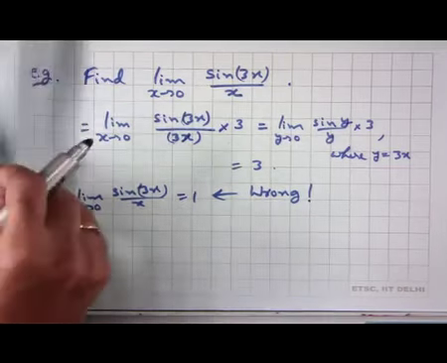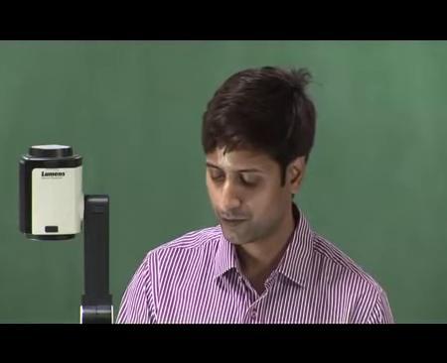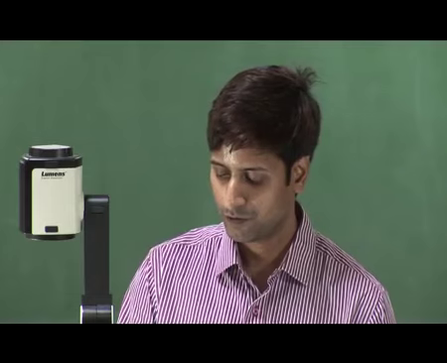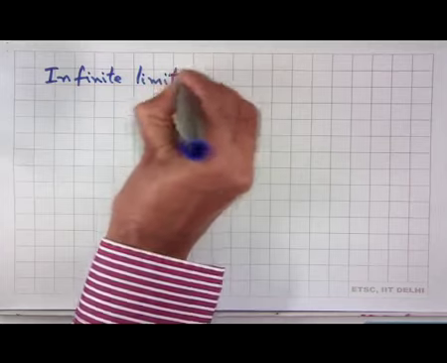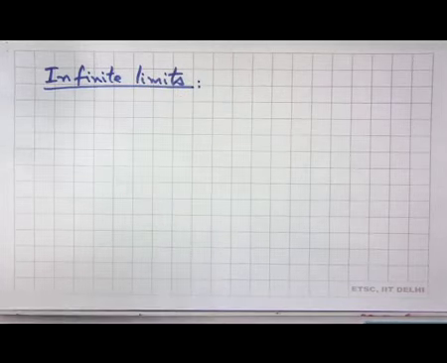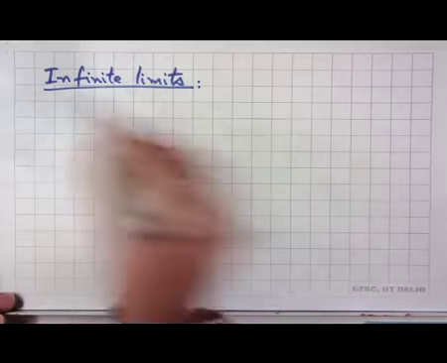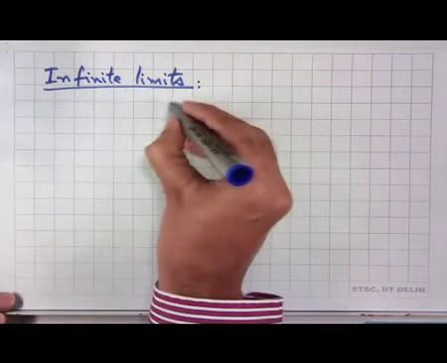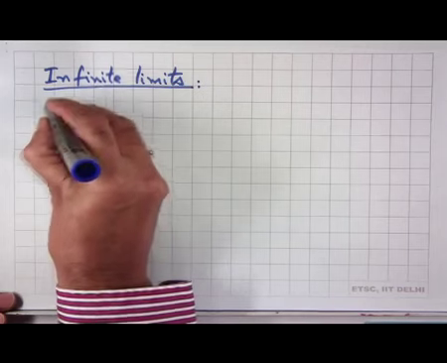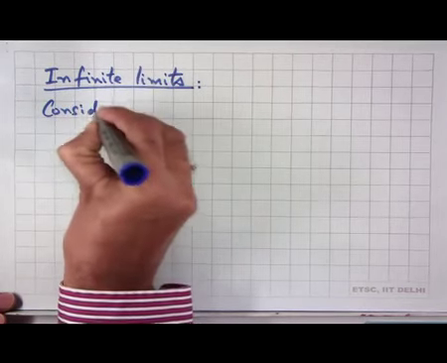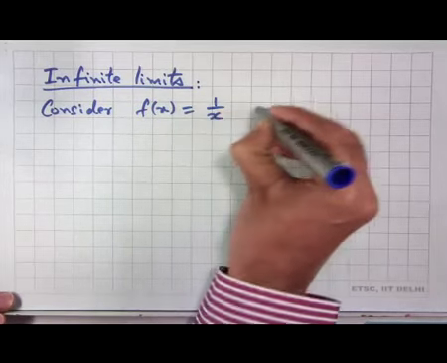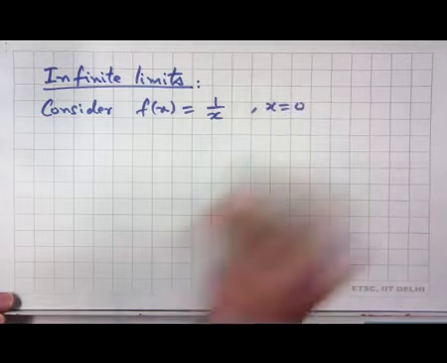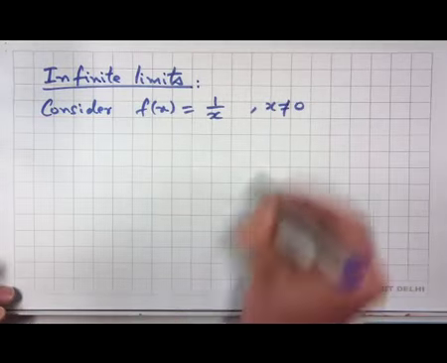Right. So the next thing that we will talk about is what we call infinite limits. I will just explain by an example. Consider f(x) equal to 1 by x for x not equal to 0.